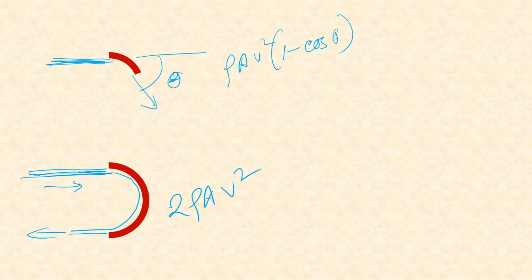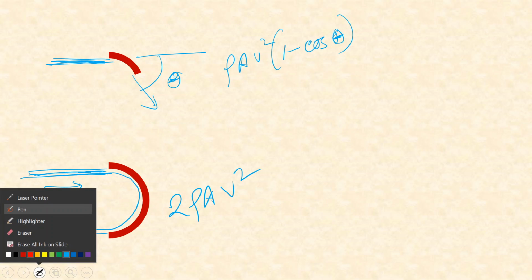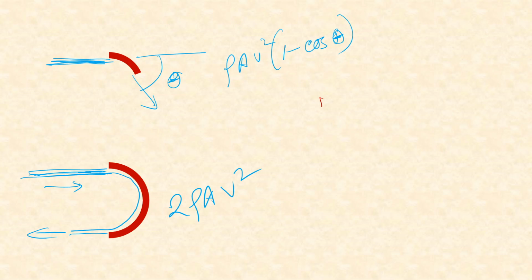And as you can see, as theta becomes 0, that means if we have a plate which is completely straight or only slightly curved, and on that plate we try to hit the jet tangentially, then it will get diverted only by a very small angle, which is this angle, and the force will be very small.